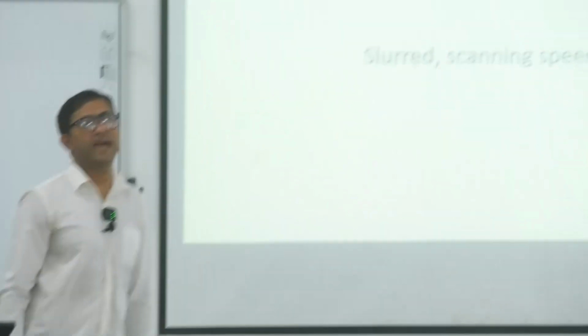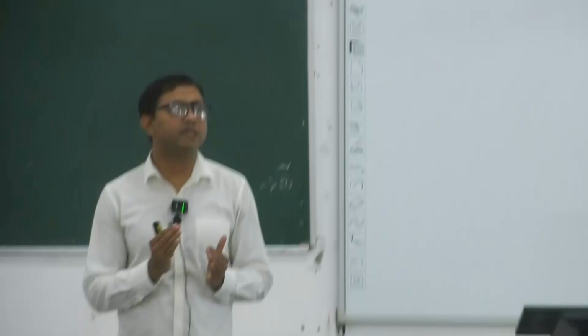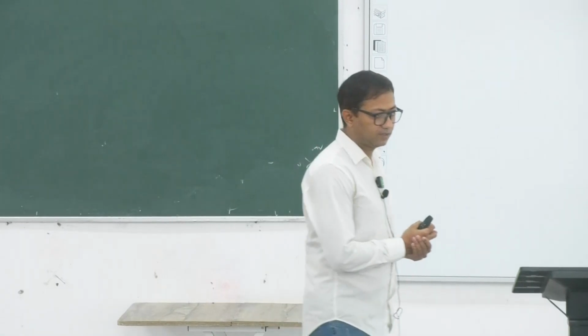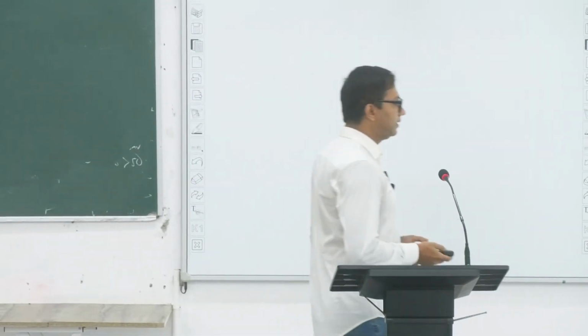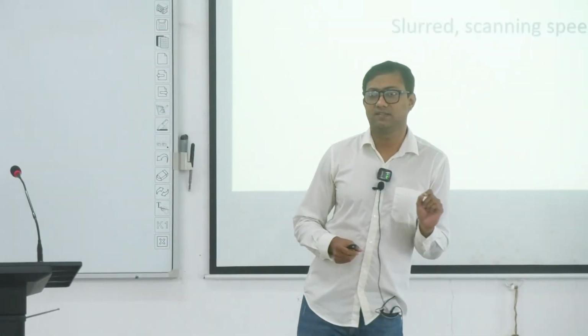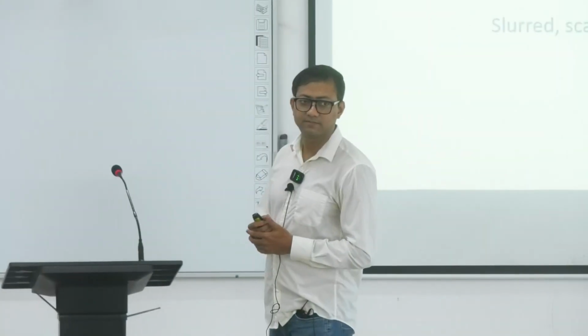Next, slurred and scanning speech, right? So these are all the features of a patient with cerebellar lesion. And also there is another point related to reflex. What is that? A very typical knee jerk, pendular knee jerk.